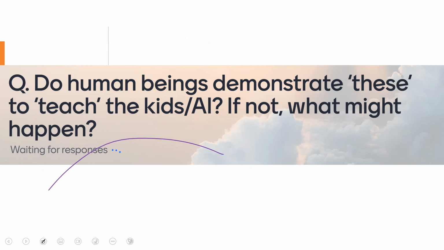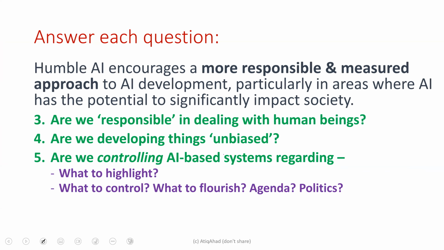That's the question here. Similarly, try to think about how humble AI encourages a more responsible and measured approach to AI development, particularly in areas where AI has the potential to significantly impact society. Now, are we responsible? Are we developing things unbiased? Like we all know about face recognition.